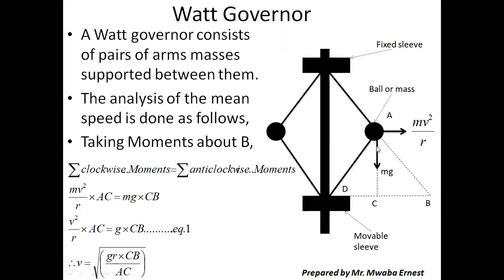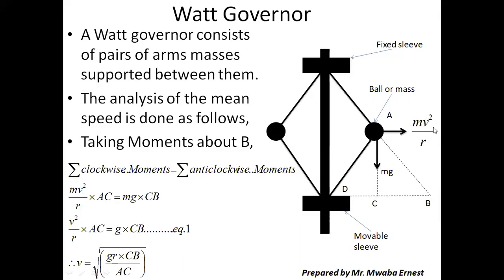Here we just have two forces, this and the other one there. So this one is the weight, which is a product of mass and acceleration due to gravity. The product, that force there, you multiply by this perpendicular distance. This one gives you a clockwise moment.